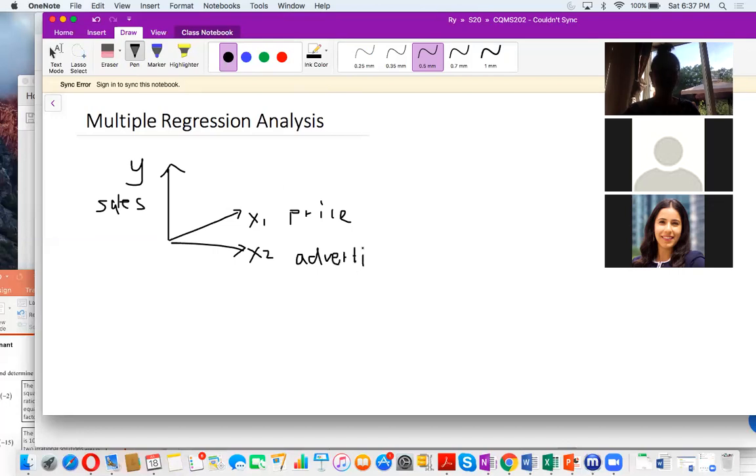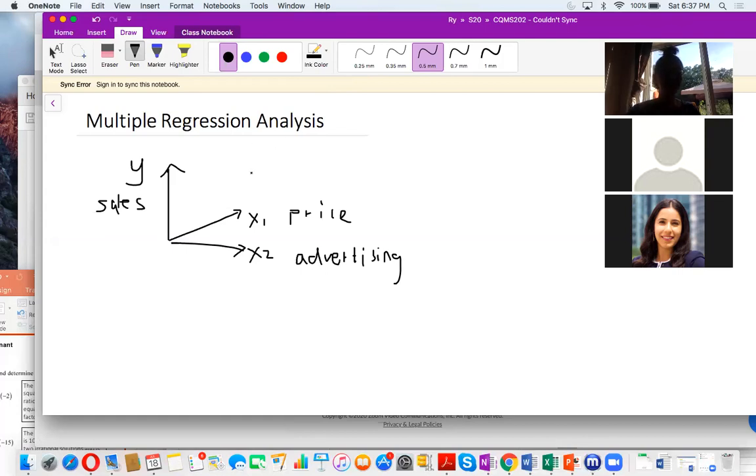I want to explore, is there a linear relationship between sales and price and advertising? As you can see, I have one y, but I am dealing with 2 different x. This is an example of multiple regression analysis.